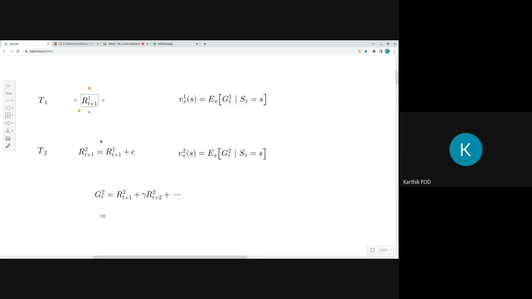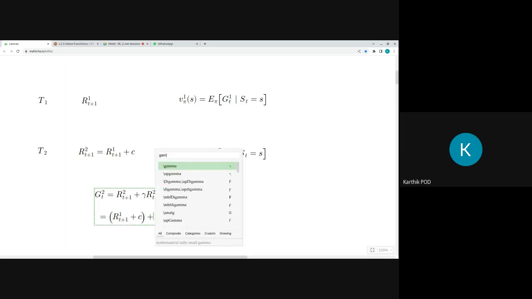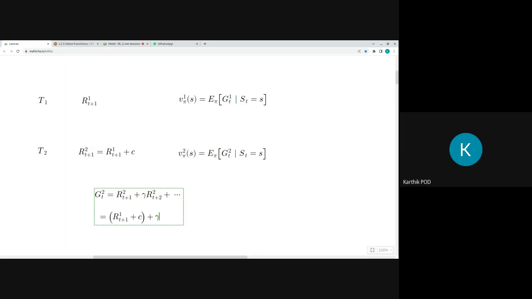R_{t+1} in the second world is going to be R_{t+1} in world 1 plus C. So this is the first term. What about the second term? It will be R_{t+2} in world 1 plus C again. So this will keep repeating.